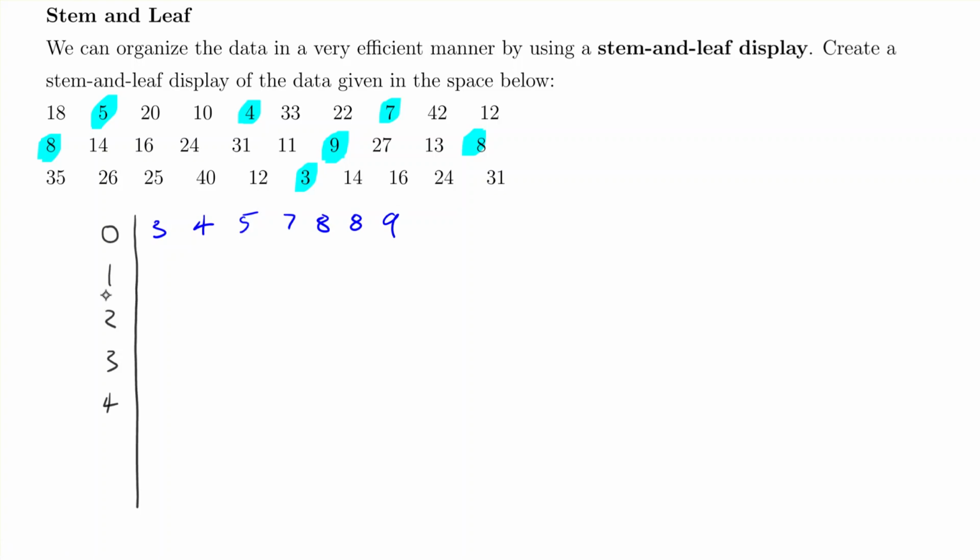Now for tens, think of this as 10, so that we only put the second digit. Let's mark all the numbers first. So I have 10, 11, 12, 13, 14, another 12, 14, 16, 16, 18.